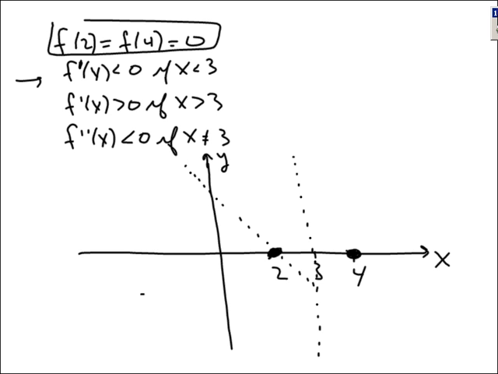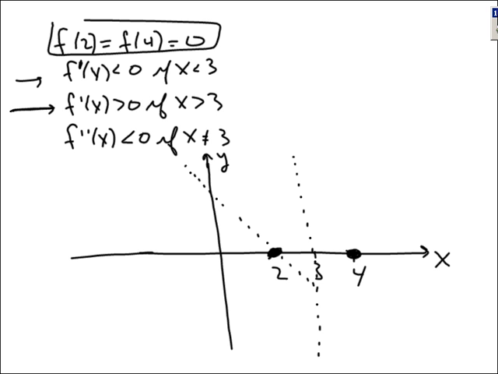The reason I dashed it is because I don't know if the concavity is down or up. Like I said earlier, knowing the sign of the first derivative, negative in our case, does not tell us anything about concavity.